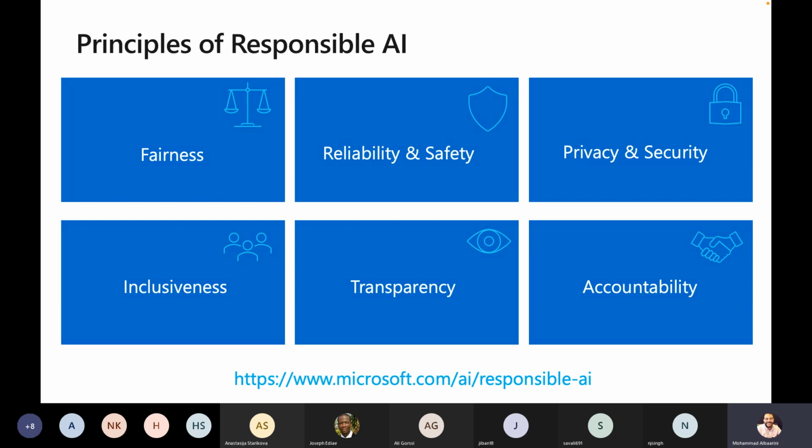Inclusiveness is another principle of responsible AI. AI systems should empower everyone and engage people. AI should bring benefits to all parts of society, regardless of physical ability, gender, sexual orientation, ethnicity, or other factors.